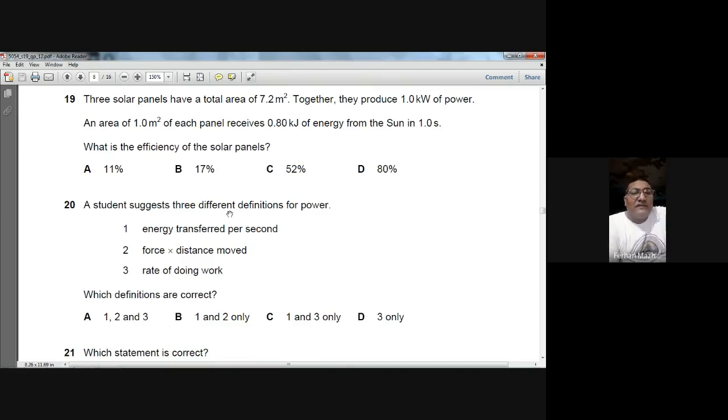This will be the input power. And output power is already given in the question statement. It is 1 kilowatt. The formula for the efficiency is output power divided by input power multiply 100. So it will be 1 kilowatt divided by 5.76 kilowatt multiply 100, and the answer will be 17%. So B is the choice. Question number 19, B is the choice, 17%.